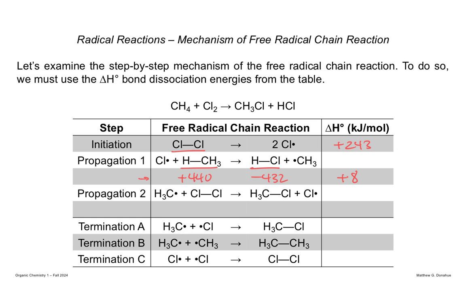So in propagation step 2, we already know the value of that, so that's plus 243. And then we need to look up CCl in methane.